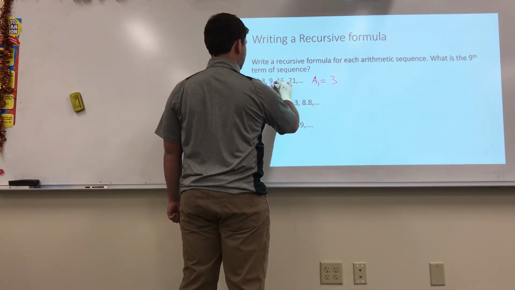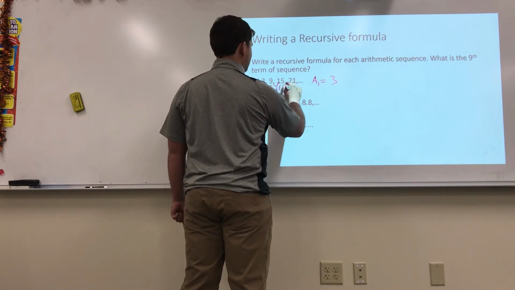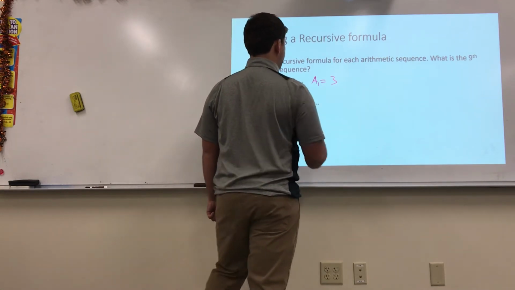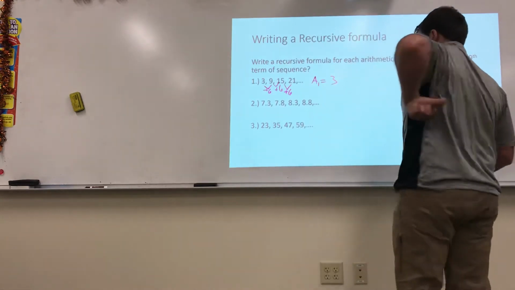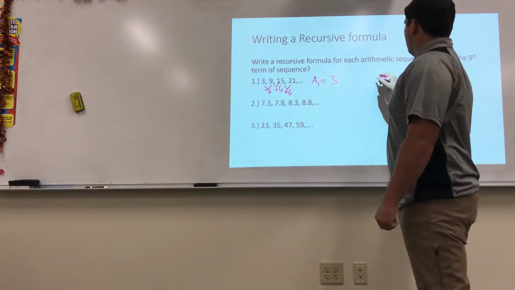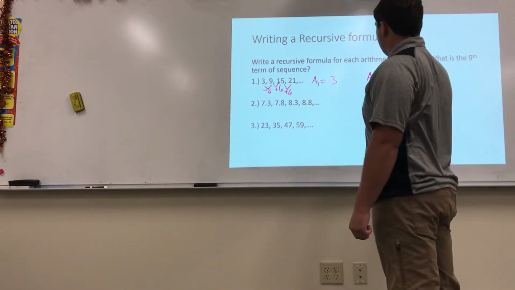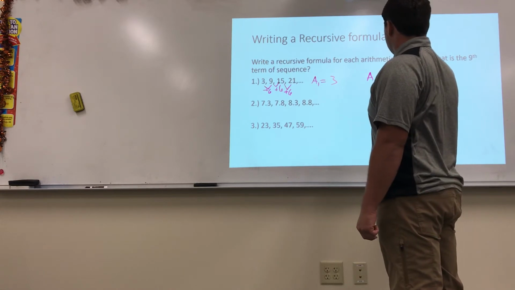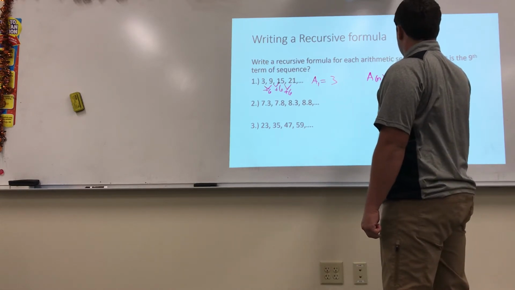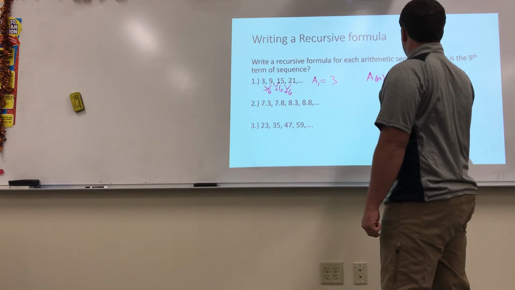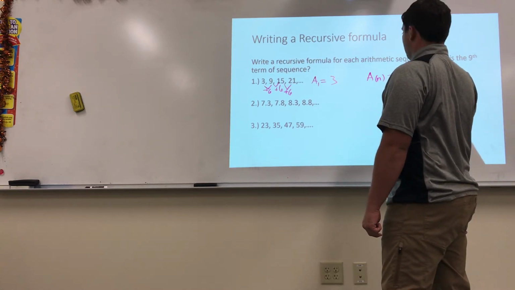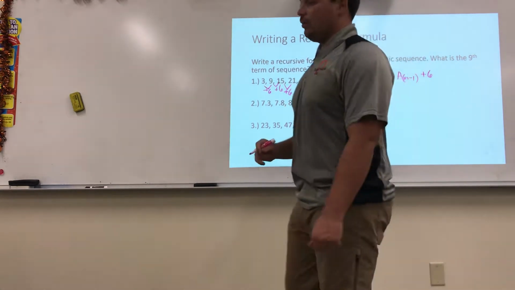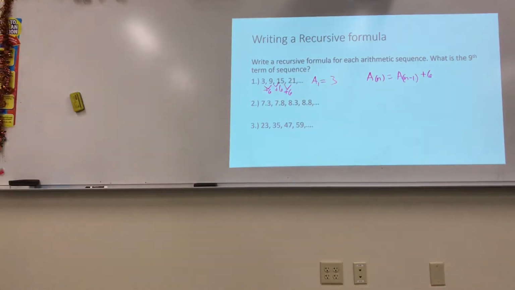Plus 6, plus 6, plus 6. So, at this point, we have a of n equals a of n minus 1 plus 6. That would be my formula for this one.